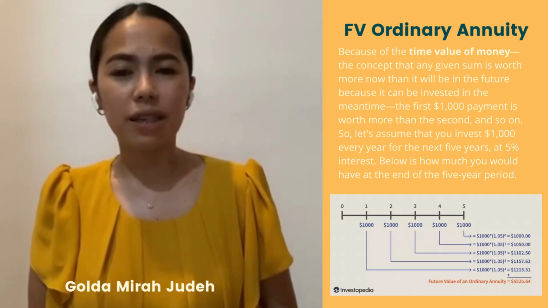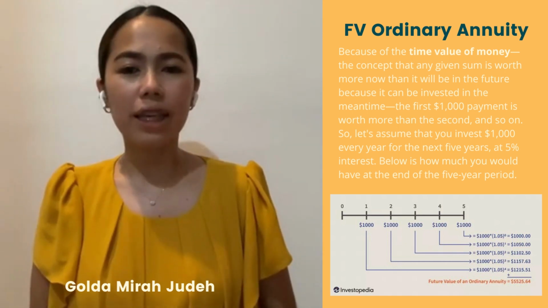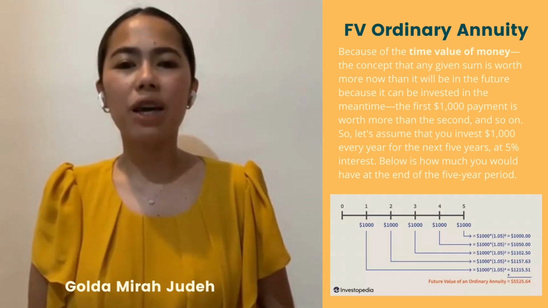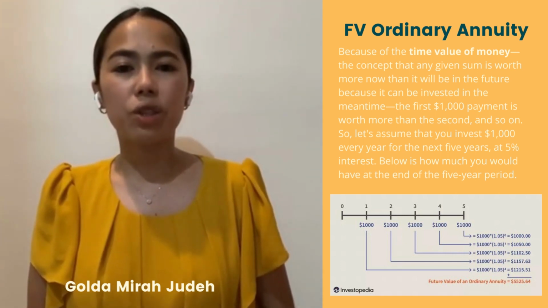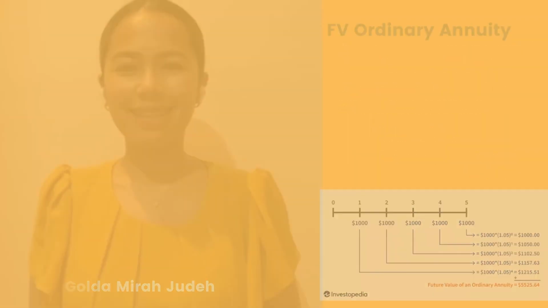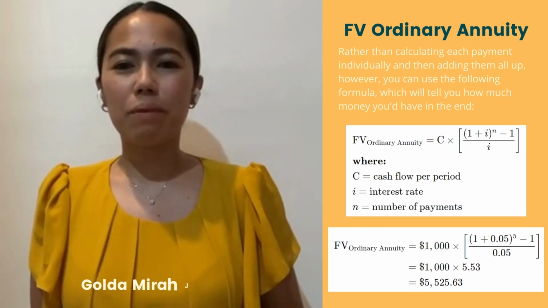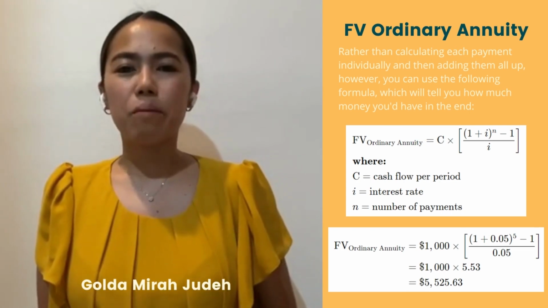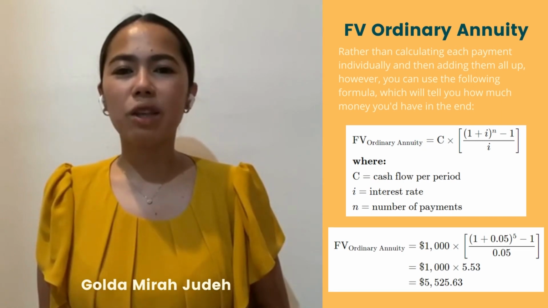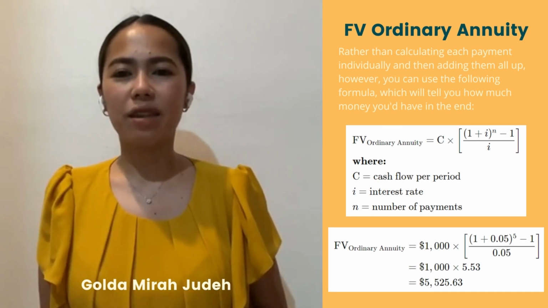And as you can see, the last payment did not earn any interest because the last $1,000 completes the 5-year agreement, hence the reason why it did not make any interest. Rather than calculating each payment individually and then adding them all up, however, you can use the following formula, which will tell you how much money you'd have in the end.